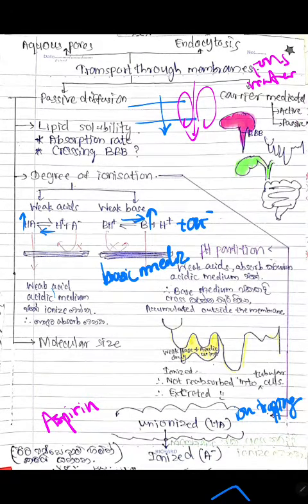The active process happens against the concentration gradient, while the passive form acts along a concentration gradient. These are very important in the blood-brain barrier, biliary tract, and renal tubules, including the intestines.